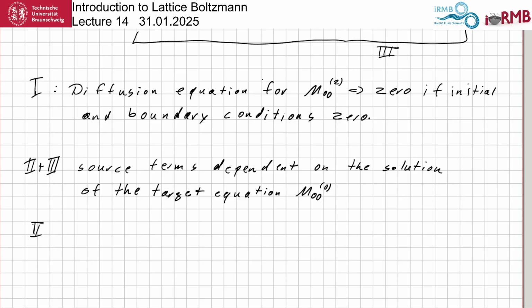This is a step that we usually want to do. So we have the time derivative of M00 equilibrium. We can substitute this with the target equation.